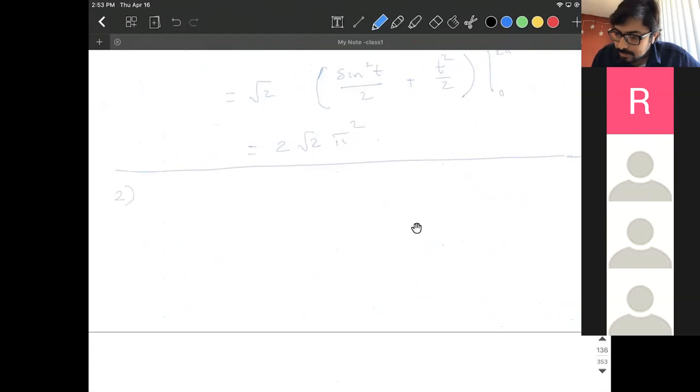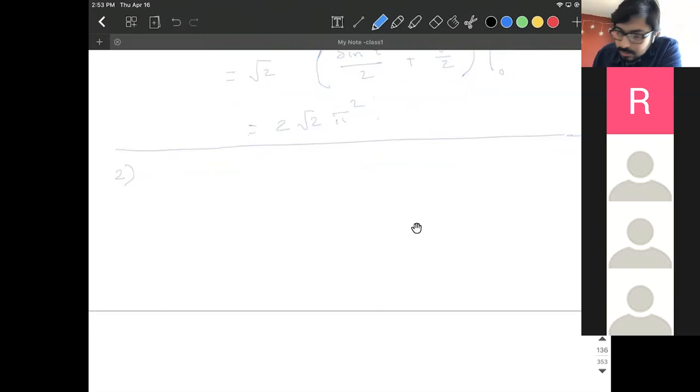Now, as I was saying before, solving integrals from a point A to another point B can be broken up. You can take points in between, maybe 1 or 2 points, and the total integral is the sum of the integrals over those in-between points. And let's see how we can use that.